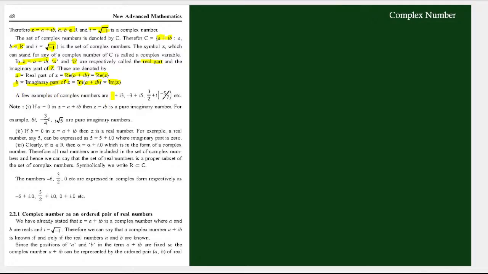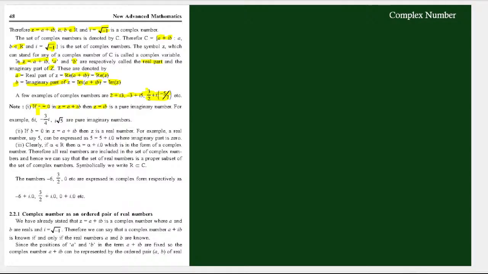Now these are all the examples of your complex number: 2 plus i3, minus 3 plus i5, 3 by 2 plus i into minus 5 by 7. Some note is given. If a equal to 0 in z equal to a plus ib, then z equal to ib, only a pure imaginary number.